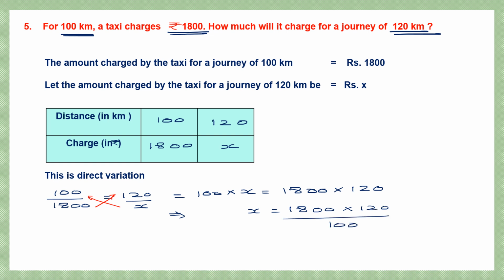So here we can cancel the two zeros here and the two zeros here. So we just multiply 18 into 120. And that is 2160. So we have found the value of x. And what is x? We said let the amount charged by the taxi for a journey of 120 kilometers be x. So now we have found it. So let's write it here. So that is rupees 2160.